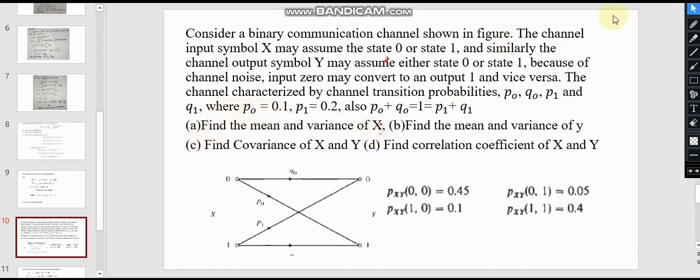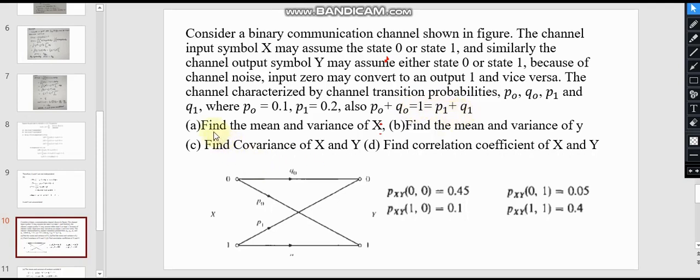So this shows the probability that 1 will change into 0. P1 is equal to 0.2. Also P0 plus Q0 is equal to 1 and P1 plus Q1 is equal to 1.